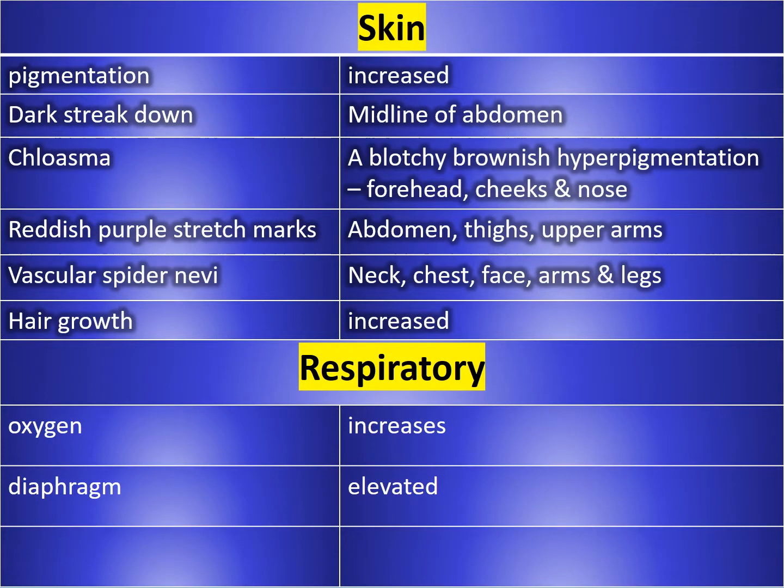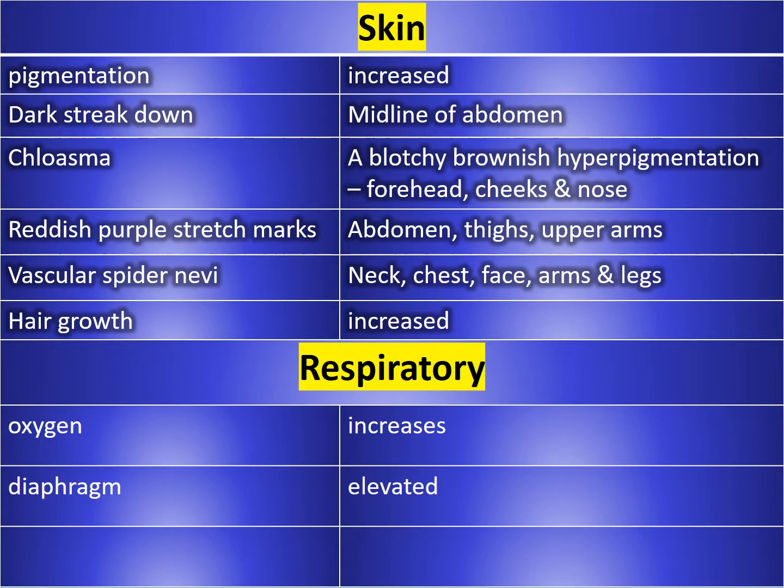Some changes in the skin occur because the level of melanocyte stimulating hormone is increased due to the increase in the estrogen and progesterone levels. So there is increased pigmentation of the skin, and a dark streak down the midline of the abdomen, called linea nigra. Chloasma, or the mask of pregnancy, is a blotchy brownish hyperpigmentation over the forehead, cheeks and nose.